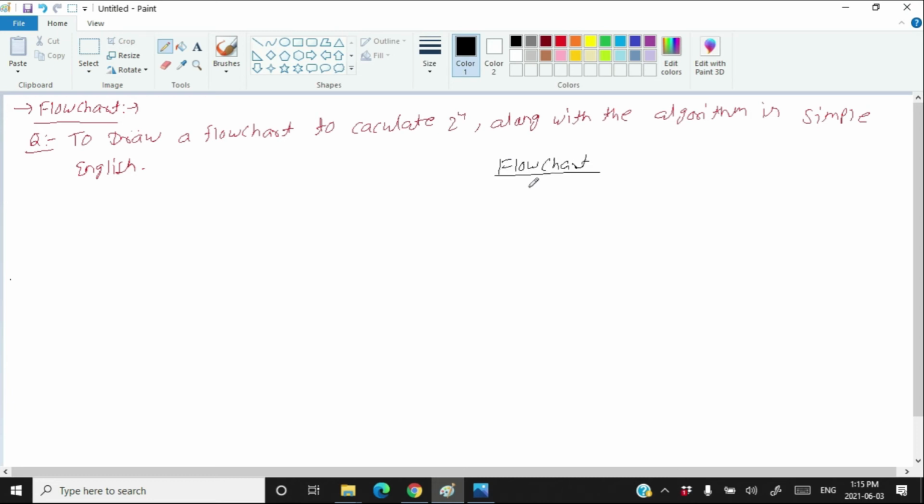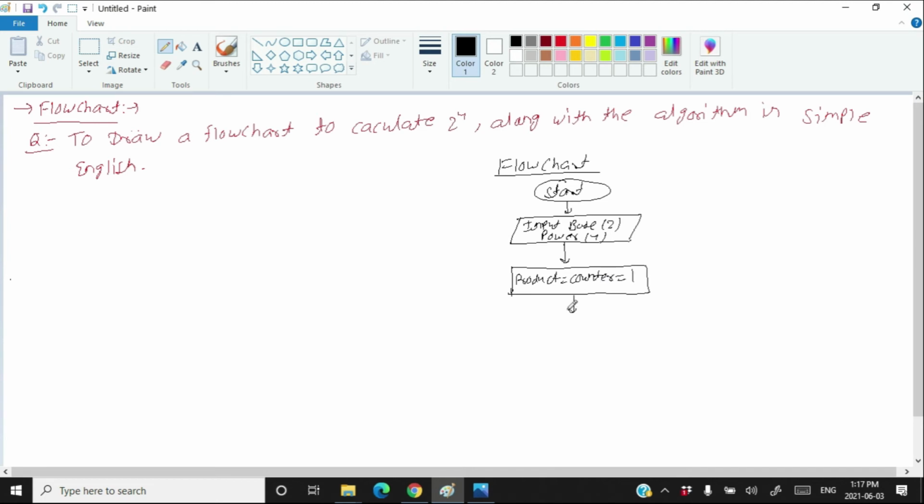You should start, of course, then again take input of base and power: base 2, power 4. Then you need to assign two variables, product and counter, to 1. Product is equal to counter is equal to 1.